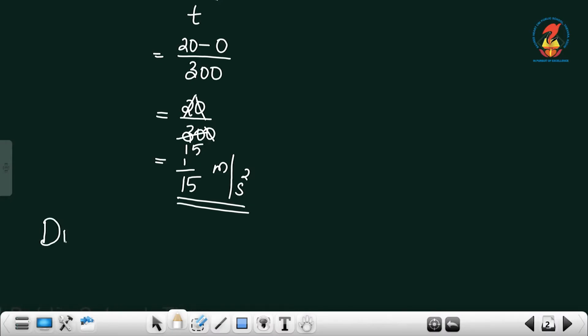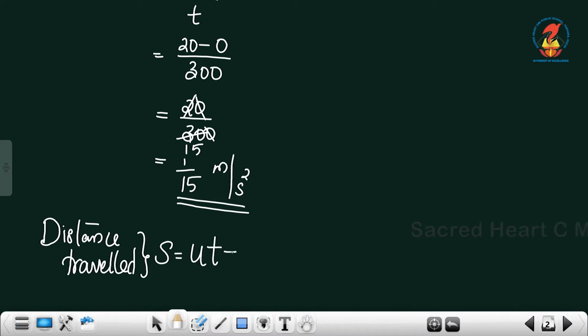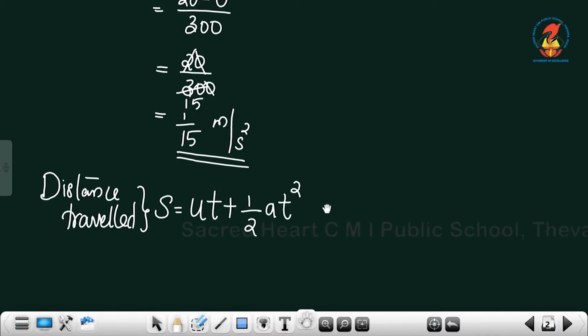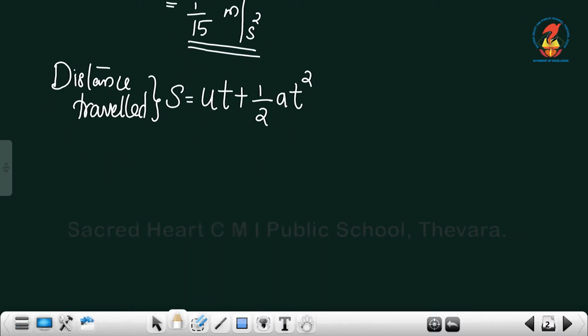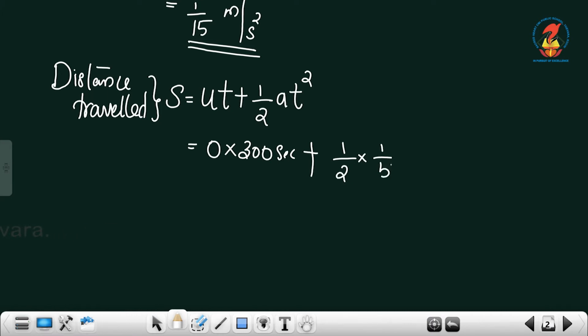Distance travelled, you can use the equation s is equal to ut plus half a t square, that is u, 0, into 300 seconds, plus 1 by 2 into 1 by 15 meter per second square into 300 seconds square.